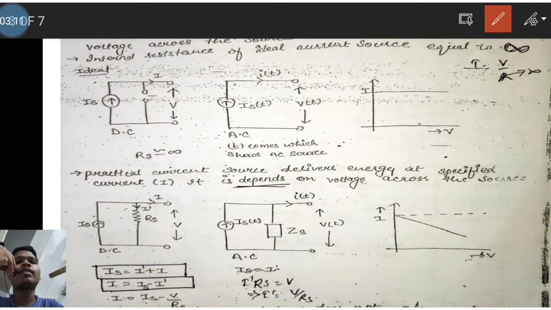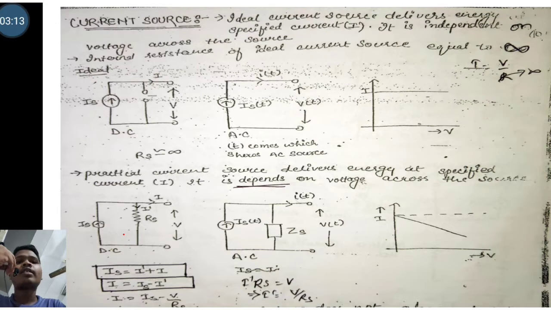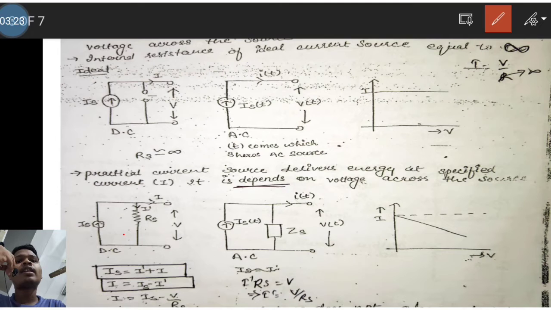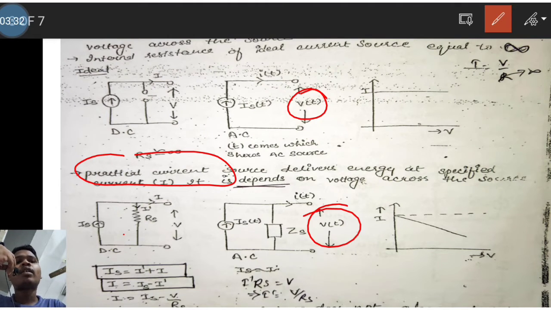See the practical figure. The practical current source delivers energy at a specific current I, and it depends on the voltage across the source. In the ideal case it does not depend upon the voltage source, but in the practical current source it does depend upon the voltage source.